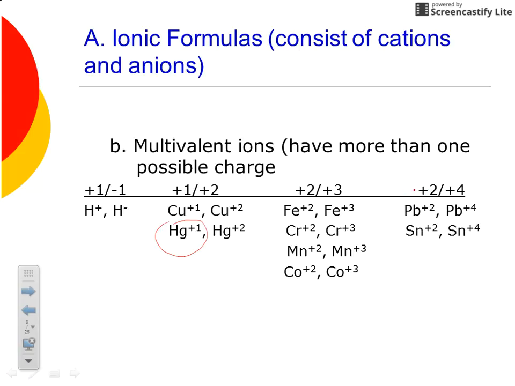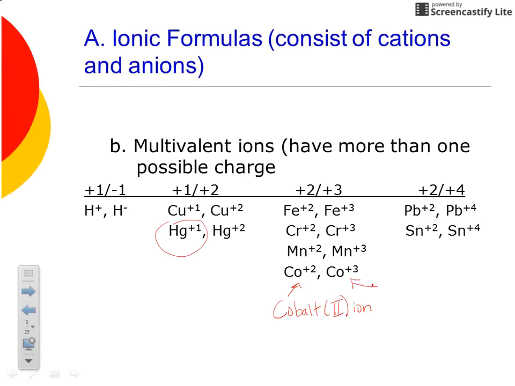Now, when they're multivalent, remember from the homework we did over the weekend that in naming those, we use Roman numerals to specify their charge. So, for example, if we wanted to name cobalt with a +2, we would say cobalt, and we would put a Roman numeral 2 ion. That Roman numeral represents his charge.